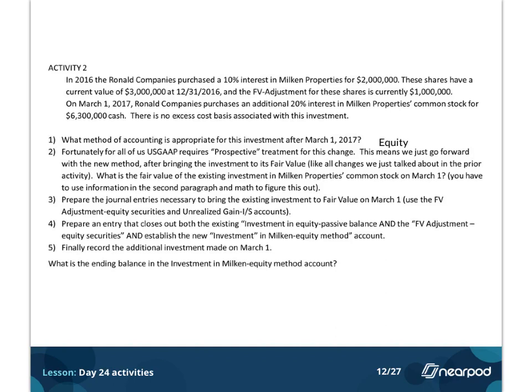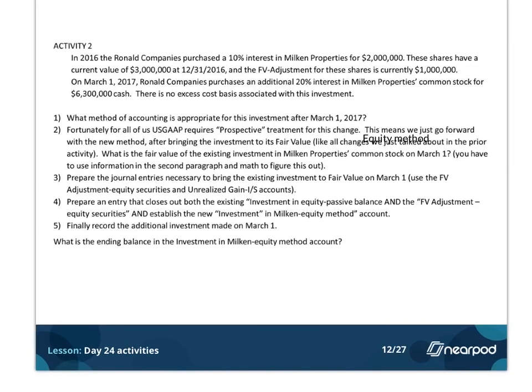So in that very first question, it says, which method of accounting is appropriate for this investment after we make this additional purchase? And your answer would be equity method, because once we buy an additional 20%, our total ownership percentage is going to be 30%, and that's within the window of 20 to 50, so we have to do an equity method is how we would account for that.